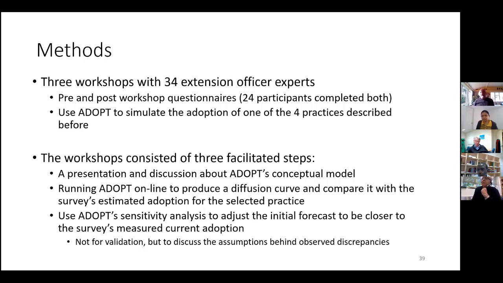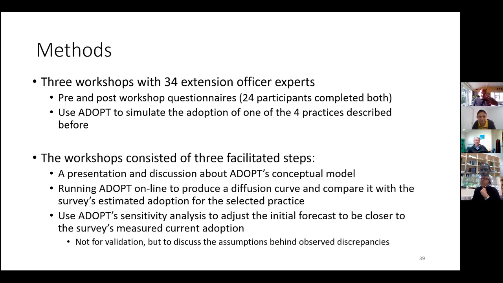There was a pre and a post workshop questionnaire that I then used to run some models. 24 completed both, which also limited my ability to run a statistical model anyway.